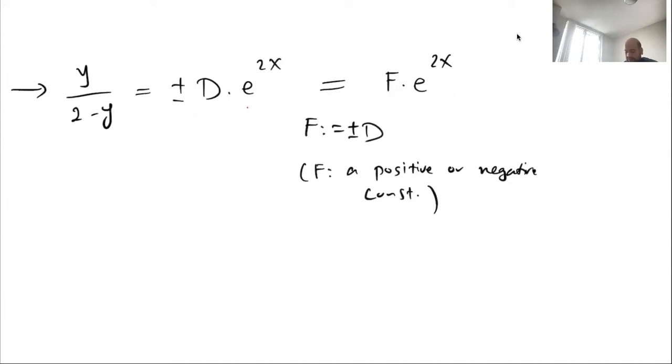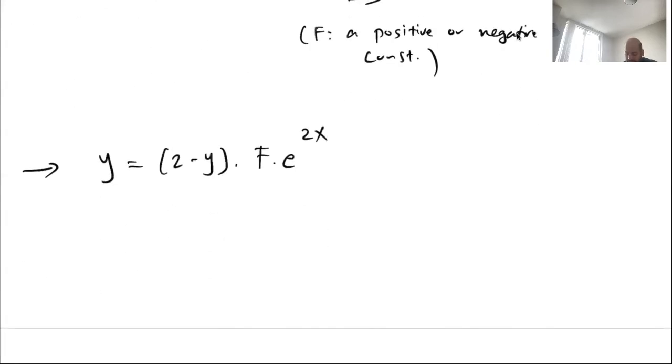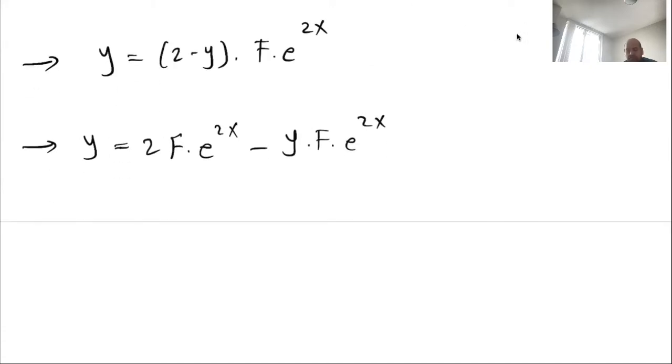And now we can easily find y. We just need to cross multiply. Then we'll have y equals 2 minus y times f e to power 2x. And that gives me y equals 2f e to power 2x minus y times f e to power 2x. And if I isolate for y, let's take all y's into one side.